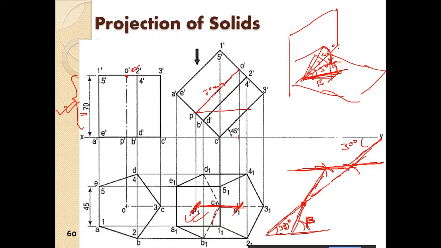So this length is already cos of 45 degrees. Now what we are doing is rotating it in such a manner that the axis is rotated by 30 degrees. So the axis is now at 45 degrees to the HP and 30 degrees to the VP. So it is satisfying both of these conditions.